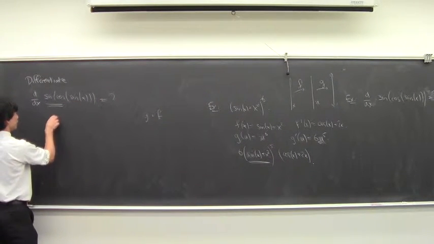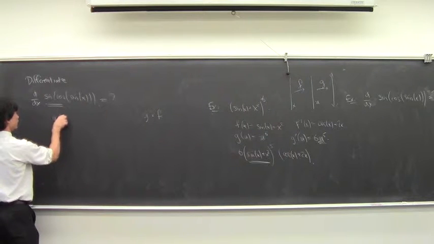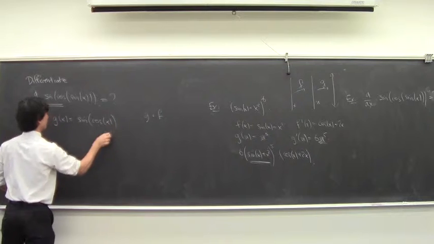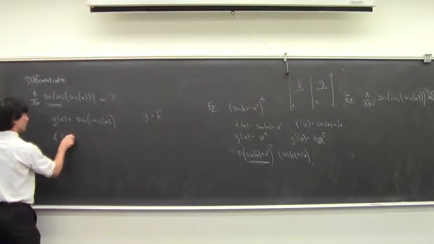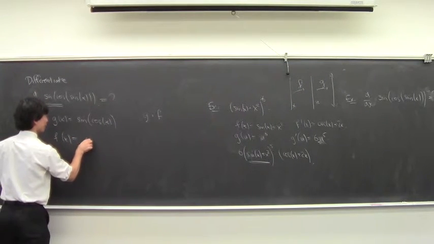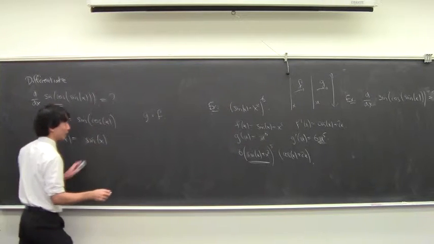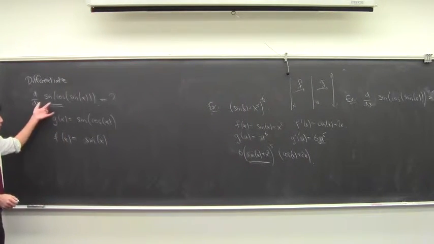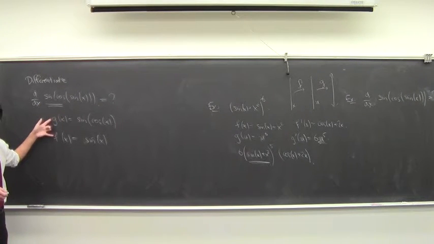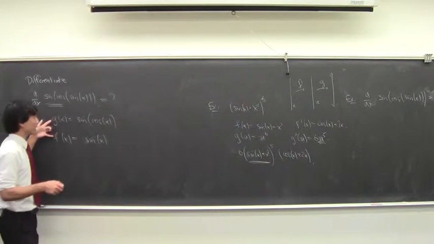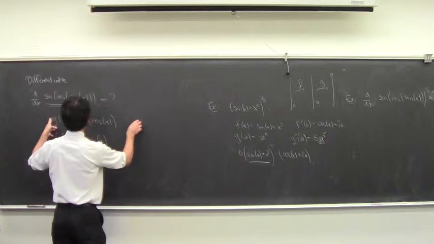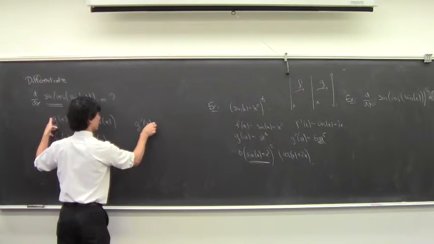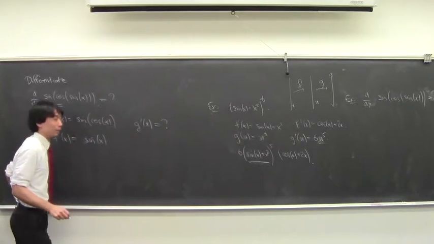So you say, okay, let G of x be sine of cosine of x. Let f of x be sine of x. Great. And this function is of course G composed with f. So then we need to differentiate these guys. So let's take G prime. What's G prime?